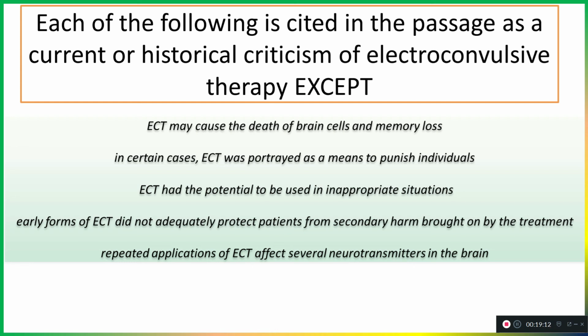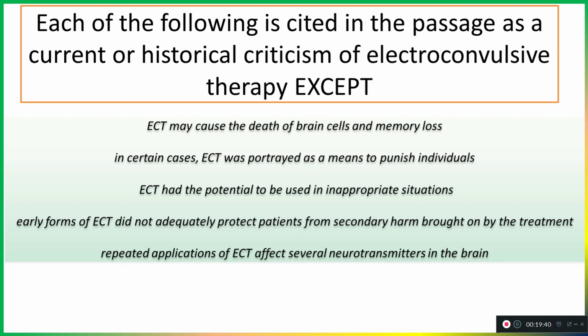Early forms of ECT did not adequately protect patients from secondary harm brought on by the treatment. Absolutely. They talk about how sometimes the spine is affected or sometimes the teeth are affected, which only happened in the early form of ECT. Yes, this is also a criticism that is mentioned. But when I talk about the last one, repeated applications of ECT affect several neurotransmitters in the brain.